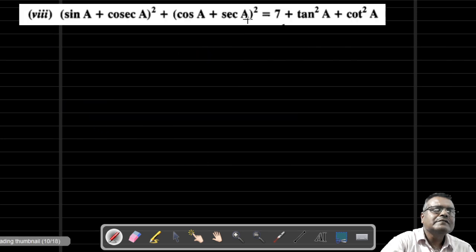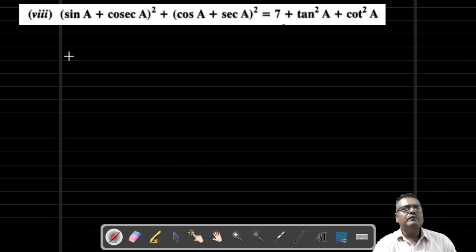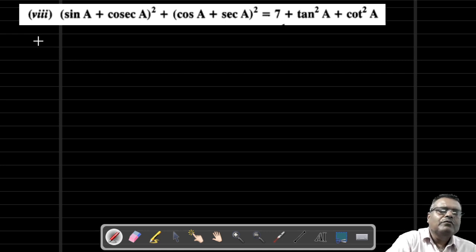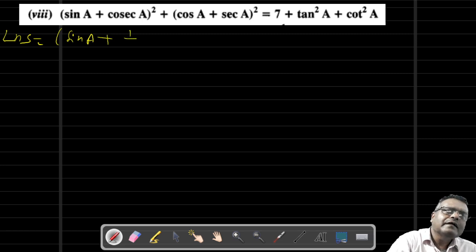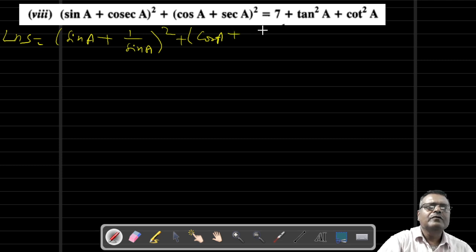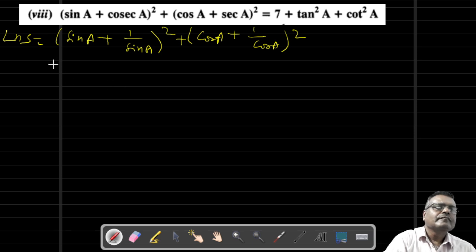Next, question 8. Sin A plus cosec A whole square plus cos A plus sec A whole square. In LHS, cosec A you can write 1 by sin A, whole square, plus sec A you can write 1 by cos A, its whole square. So you can use a plus b whole square.